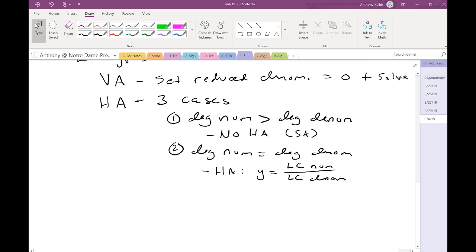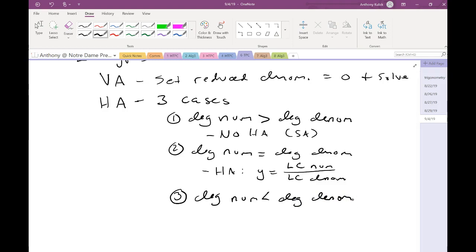LC, I've just abbreviated leading coefficient. And the last situation we have is where the degree of the numerator is less than the degree of the denominator. And in this case, our horizontal asymptote is always at 0.